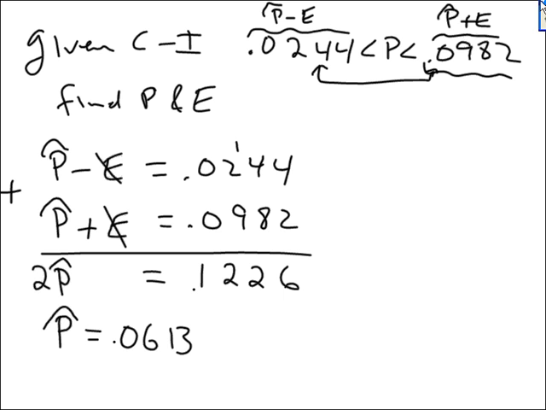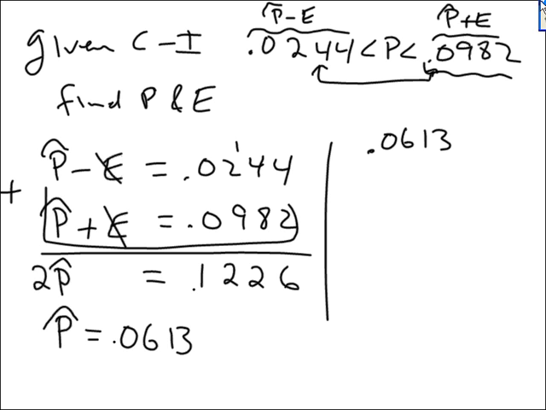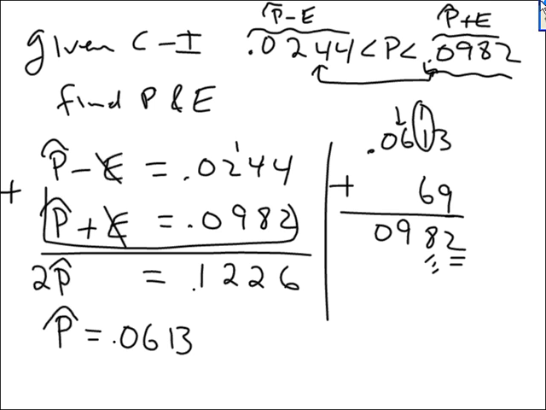Okay, and using, say, this equation, we know that P hat, which is 0.0613, plus E gives me 0.0982. And this is exactly what we did do. 3 plus 9 ends in 2, carried 1. 2 plus 6 gives me 8. 6 plus 3 gives me 9. 0 plus 0 gives me 0. So that's E. And we use the right notations. Sorry about that.